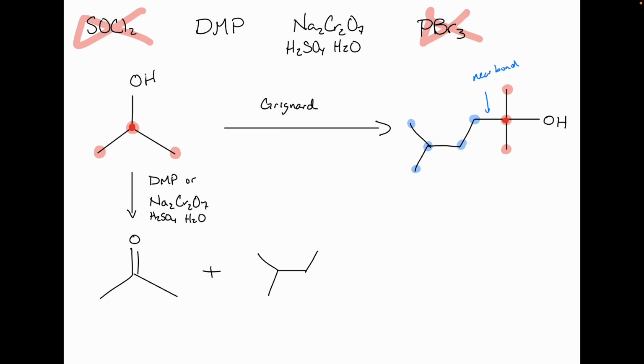Okay, and the new bond forms between my carbonyl carbon and the carbon that's at the base of that MgBr. All right, so 1, 2, 3, 4, 5. 1, 2, 3, 4, 5. Boom.